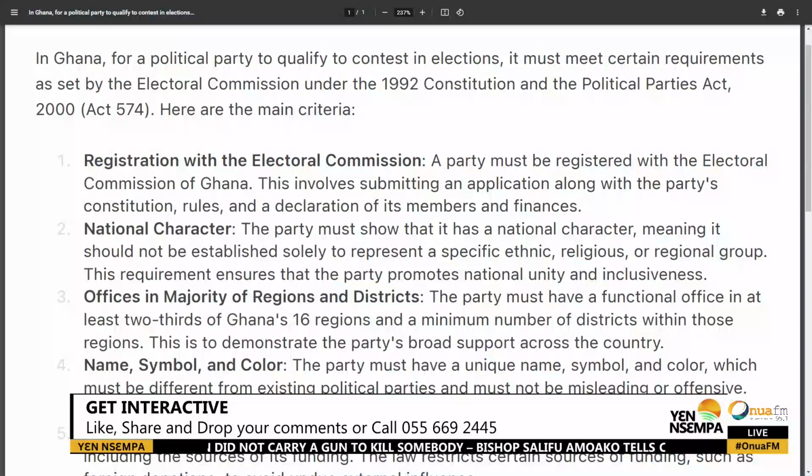Right. The party must have a functional office in at least 2/3 of Ghana's 16 regions. The word is functional office. It must be opened and working. Yes, but office can also be defined in a different way. No, it says functional.